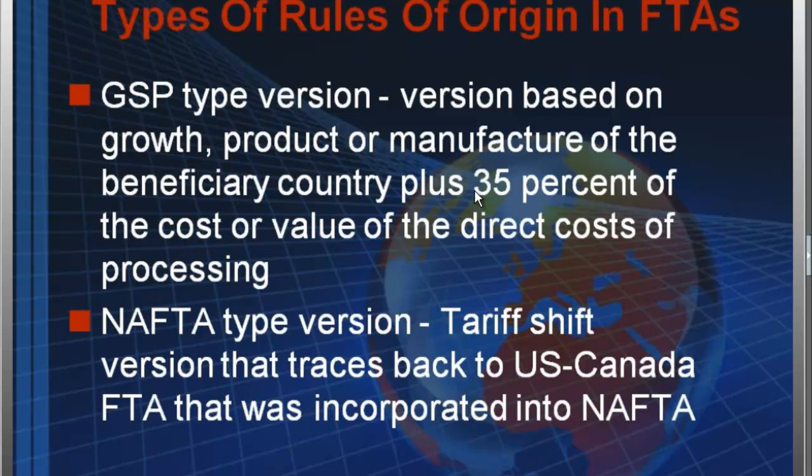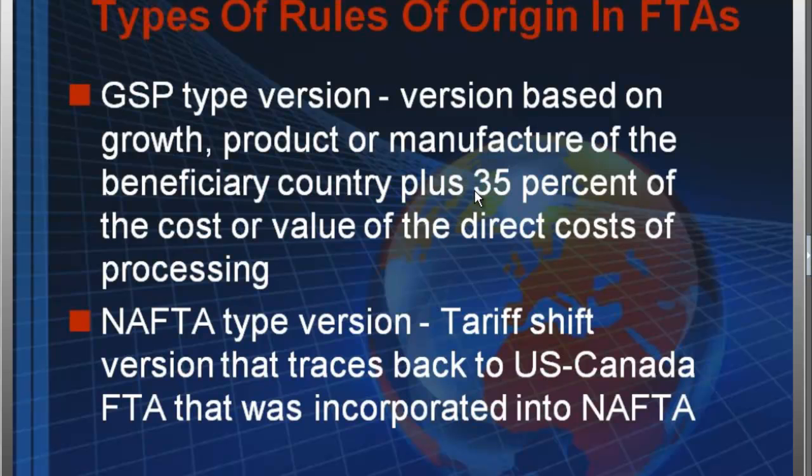Then there is a NAFTA type version, which generally is based on a tariff shift, that the non-originating materials undergo the requisite tariff shift so that the finished product is eligible for a tariff preference under the NAFTA type agreement. And this traces back to the U.S.-Canada Free Trade Agreement.